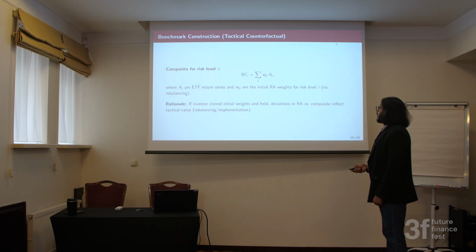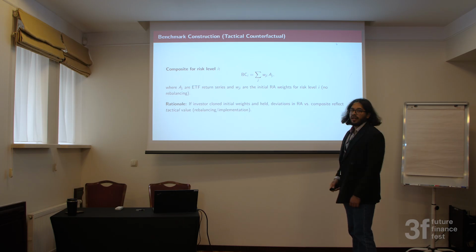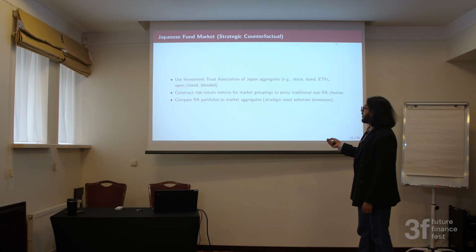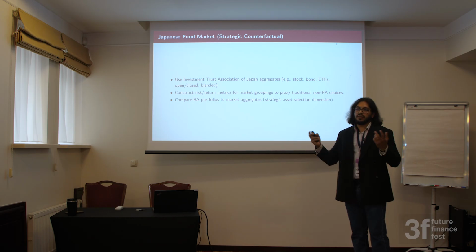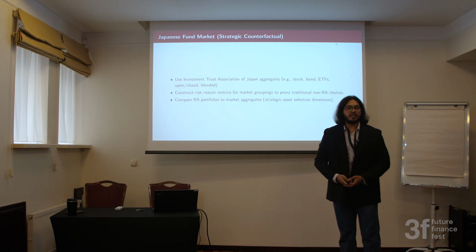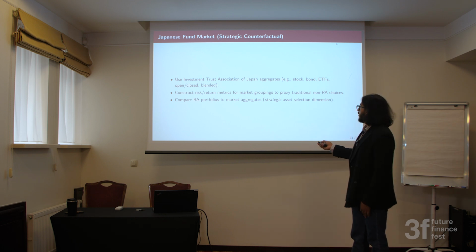The rationale is, if the investor basically cloned the initial weights, how would that have ended up, right? And the other rationale is, what if they had just gone long into the Japanese average mutual fund that offered the same level of risk and the same exposure as the robo-advisor.